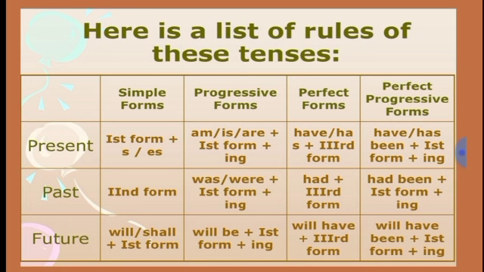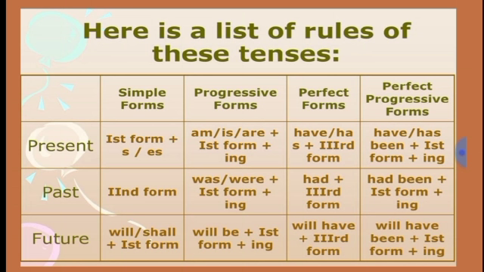Now for present tense, present perfect progressive form, it will be have been and along with the first form of the verb. So for example, read and ing attached to it. So read will become reading. So the sentence will be I have been reading the book.